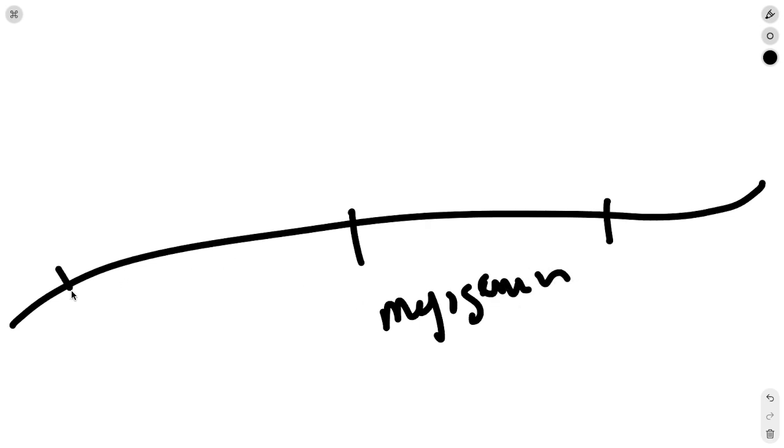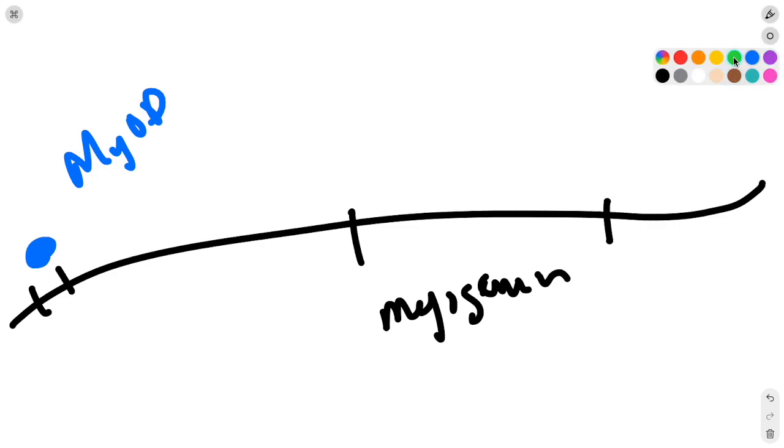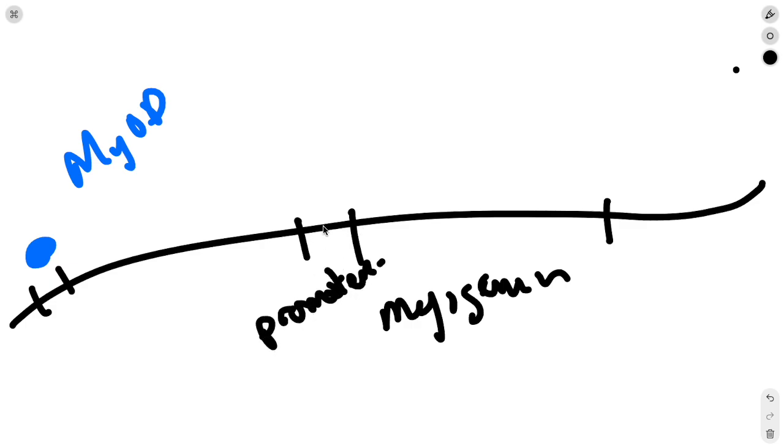right? And so there must be an enhancer out here, and our hero, MyoD, is binding there, like that. And its function is going to be to help get proteins bound to the promoter here.